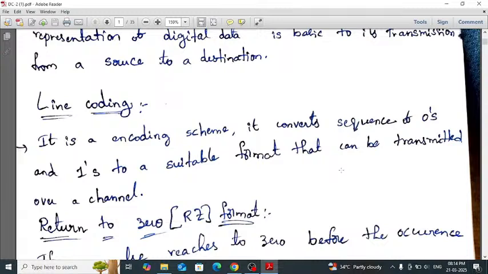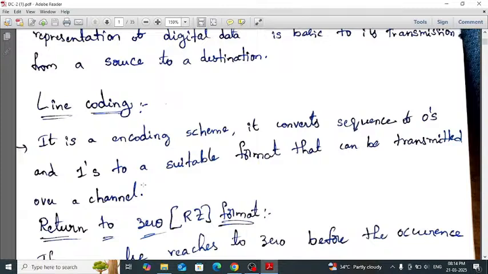So coming to line coding, what do you mean by line coding? It is an encoding scheme. It converts a sequence of zeros and ones to a suitable format that can be transmitted over a channel. Even though we have zeros and ones, they are not suitable for the data to transmit over a channel.